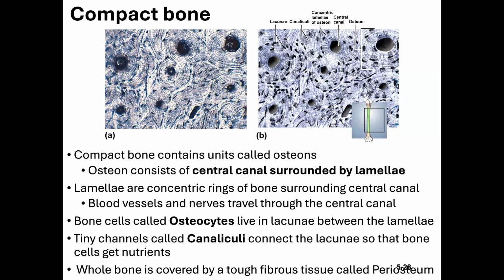Bone has got a central canal surrounded by concentric bone formation, and inside there are spaces called lacunae. And who is living inside the lacunae? Actually, chondroblast produces the bone, and then when it matures, it is called a chondrocyte. So what lives in the lacunae? Chondrocyte.